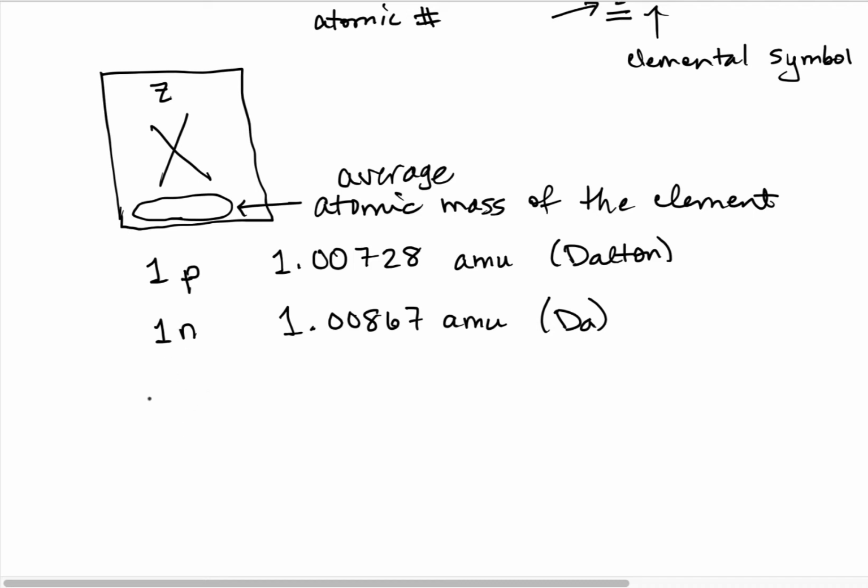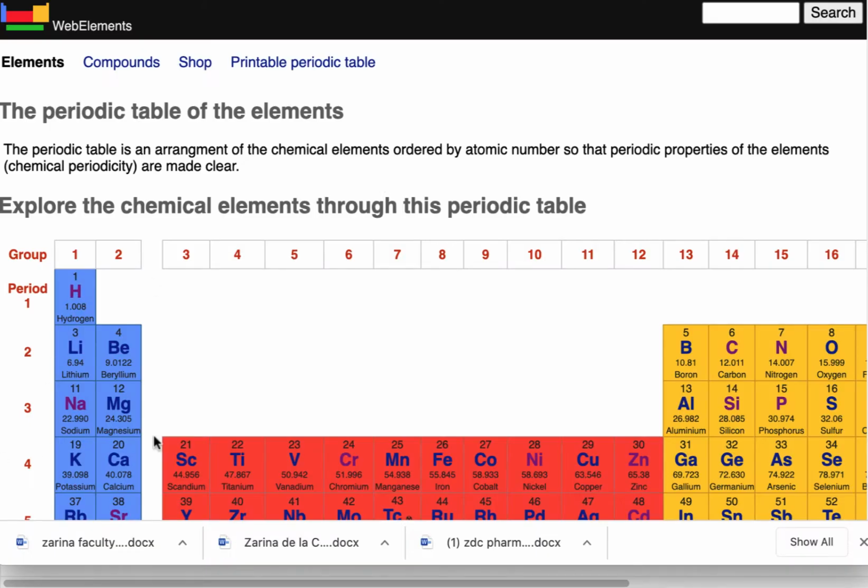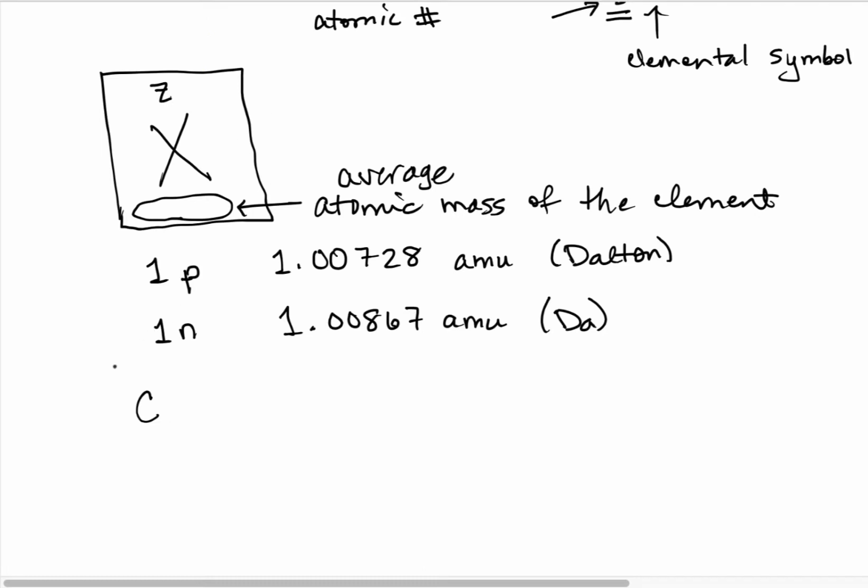So when we look at an element like carbon, let's switch over to WebElements here for just a second. Notice that on carbon, the mass that's underneath the carbon is 12.011. So if we think about the carbon, we already noticed that carbon has two isotopes. Carbon has carbon 12 and carbon 13.